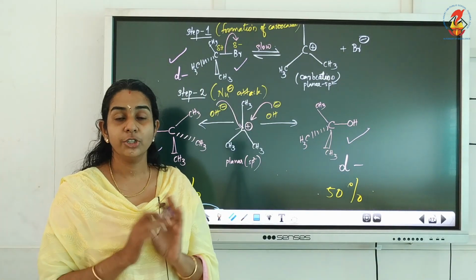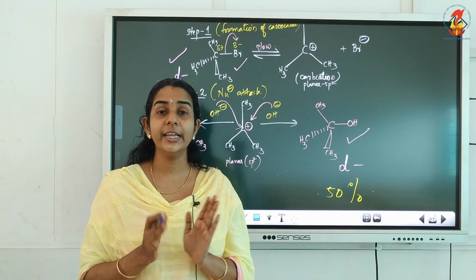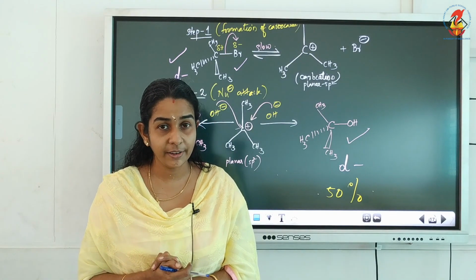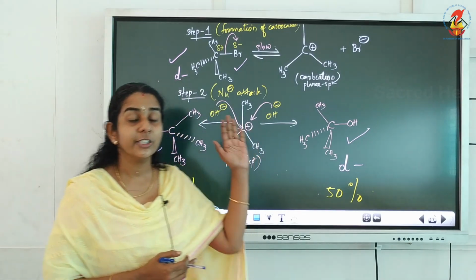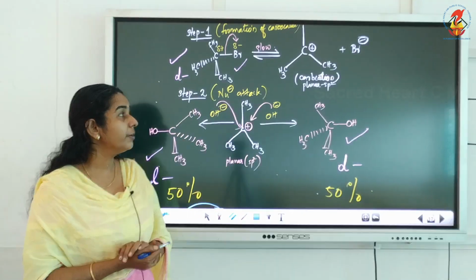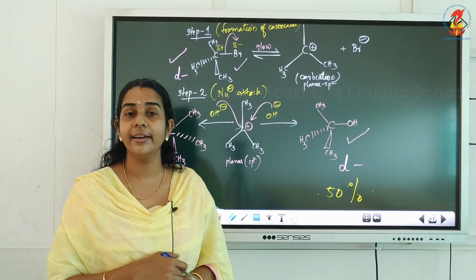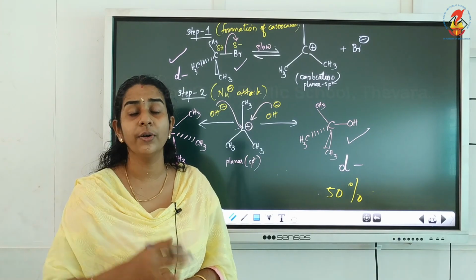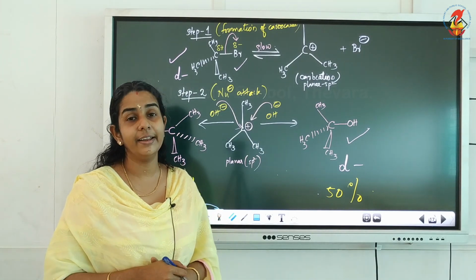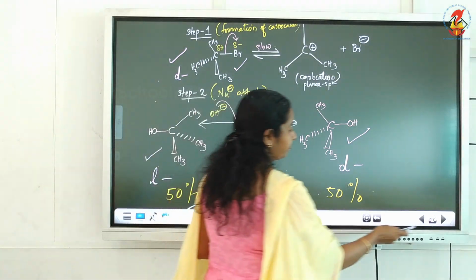So that is why it is known as a unimolecular reaction. Why is SN1 known as a unimolecular reaction? Because the rate determining step is the slowest step, that is step 1, formation of carbocation. In that step only the alkyl halide is present. So here the rate depends only on the concentration of alkyl halide, that is why it is a unimolecular reaction.